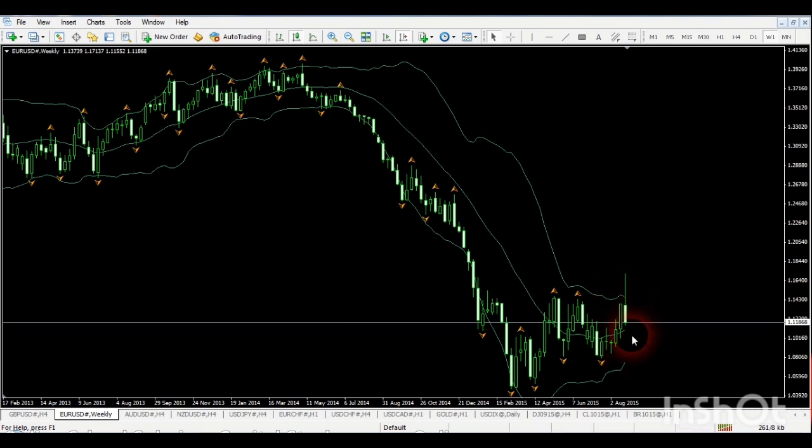Whenever two lines are towards each other, the chart is sideways, so you shouldn't trade. In a sideways chart, you should not trade, and if you do, you should do it with really low sizes, the least size that you can trade in.